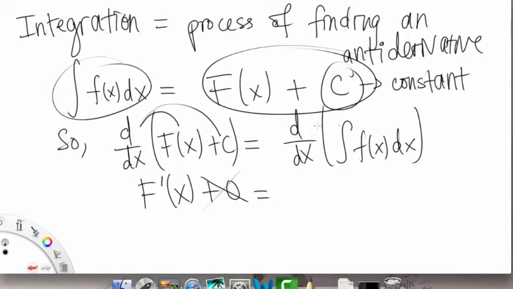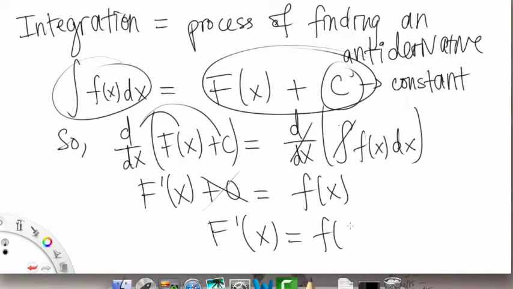On the left side, the differentiation and integration cancel out because they're inverse, or opposite, operations, so we just get out f of x. So we see finally that capital F prime of x is equal to lowercase f of x, which again shows that we have the antiderivative.